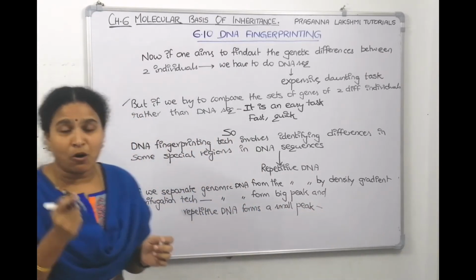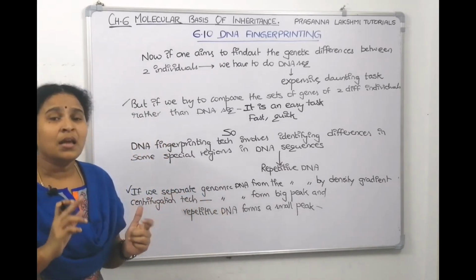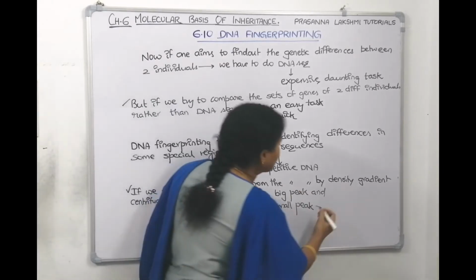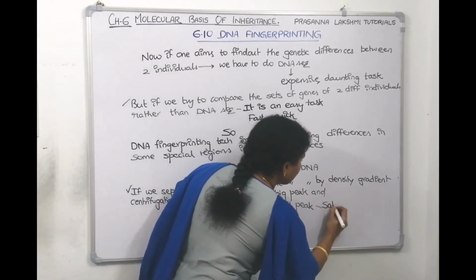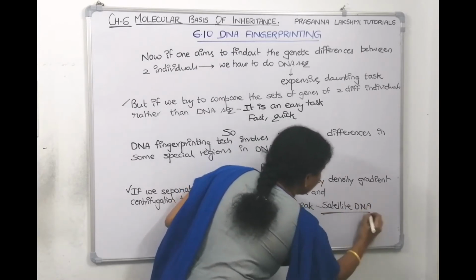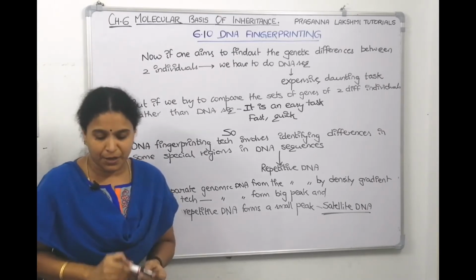Since it is forming a small peak, it appears like a satellite. So that's why we are calling the repetitive DNA satellite DNA also. Scientists told us we can also call it satellite DNA because it forms a small peak during density gradient centrifugation.